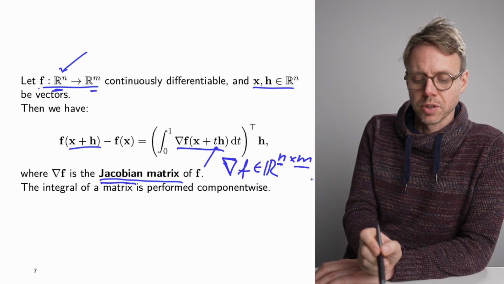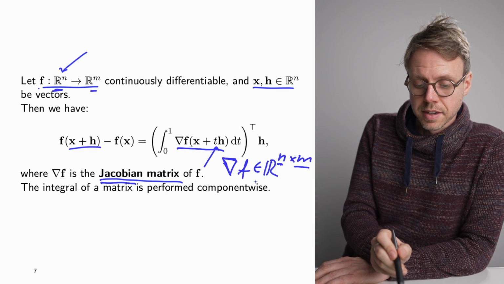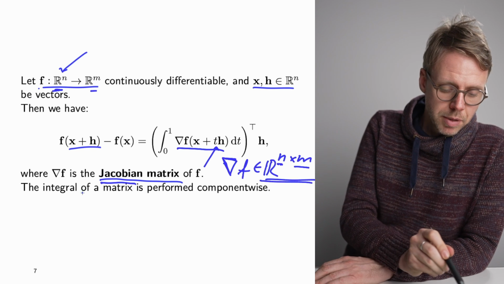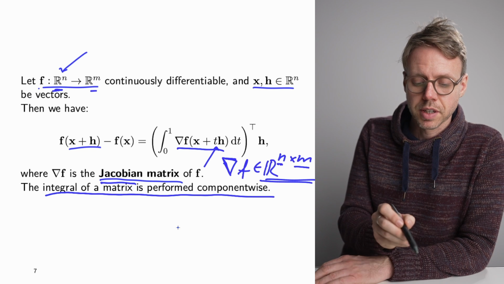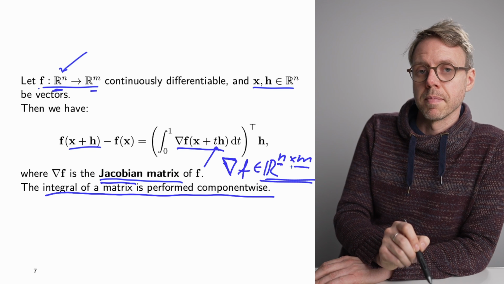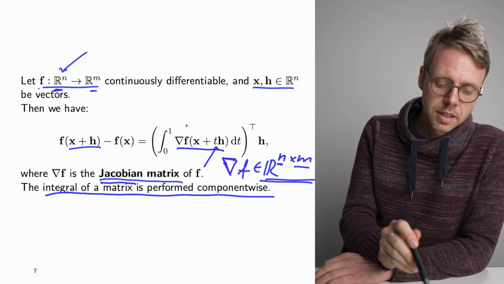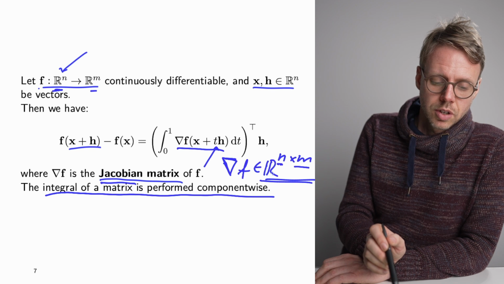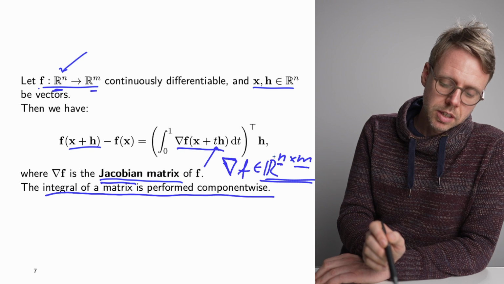Now, how do we integrate over a matrix? Well, the output of this integral will again be a matrix of the same dimensions. So it will again be an n by m matrix because we're performing the integral component-wise. You can think of this as just doing n times m independent integrals over the different entries of this n by m matrix. The output of this integral is an n by m matrix, so we transpose it.